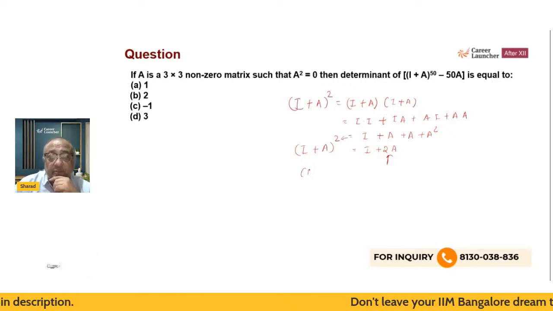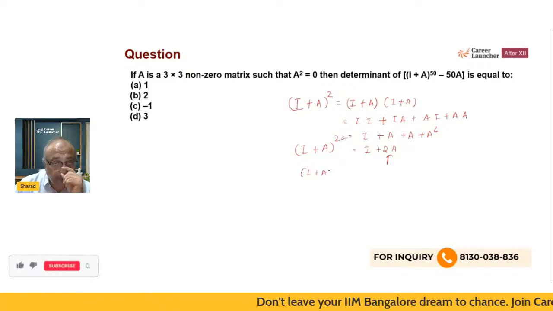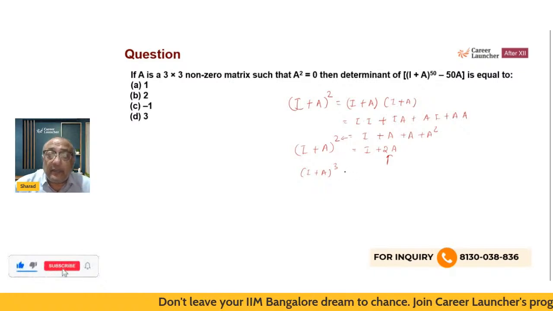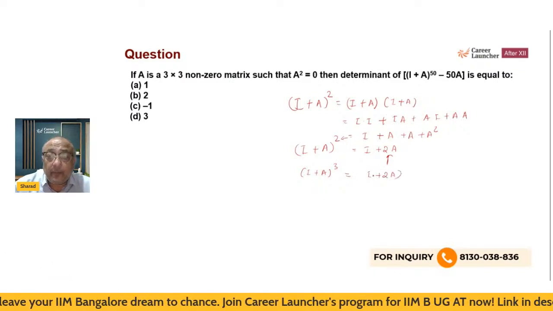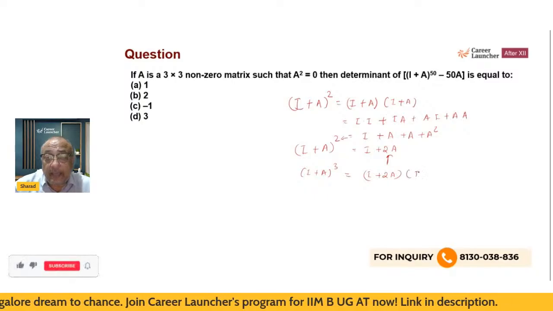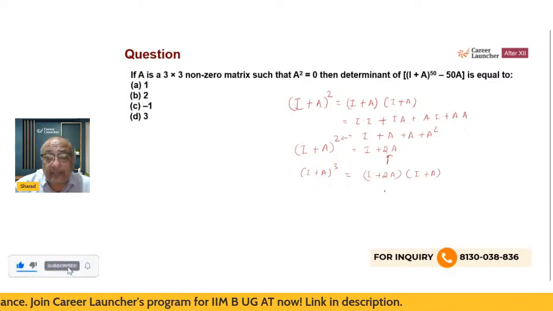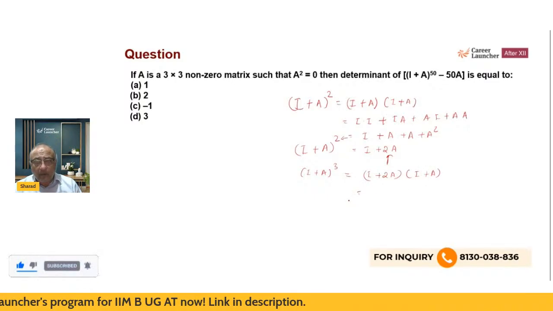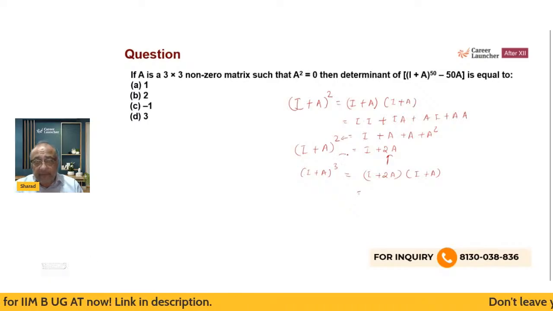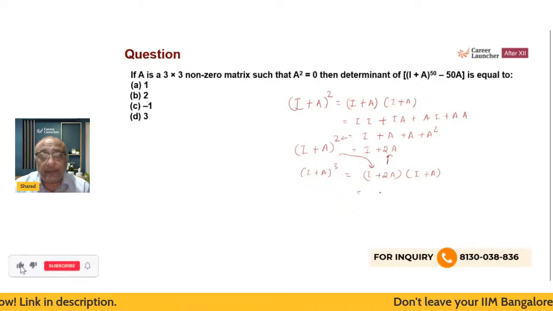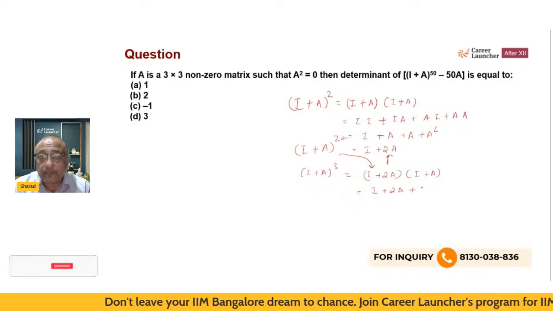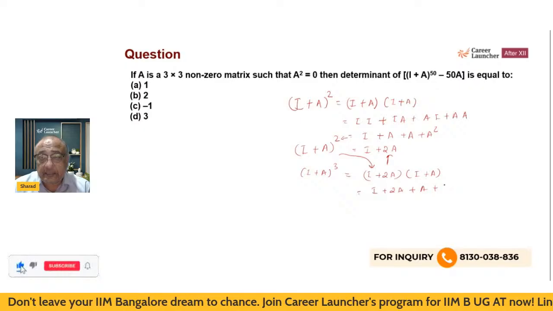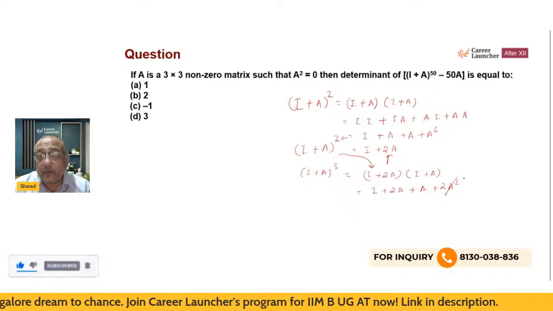So let us check. Let's do one more. I plus A cube. Let us do that. It is I plus 2A into I plus A. Right. Let's multiply. How come this has come? Oh, come on. I have put this I plus A square value over here. So this will become, let me be a little bit faster, I plus 2A plus A plus 2A square. Again, A square is equal to 0.